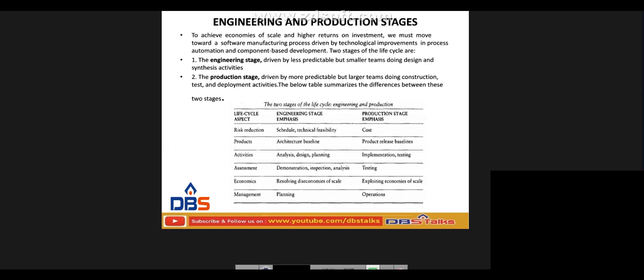So the engineering stage and production stage are divided into two parts. What is the life cycle aspect during the engineering stage, and what is the life cycle aspect during the production stage? In the activities, the engineering stage has analysis, design and planning, and the production stage has implementation and testing.